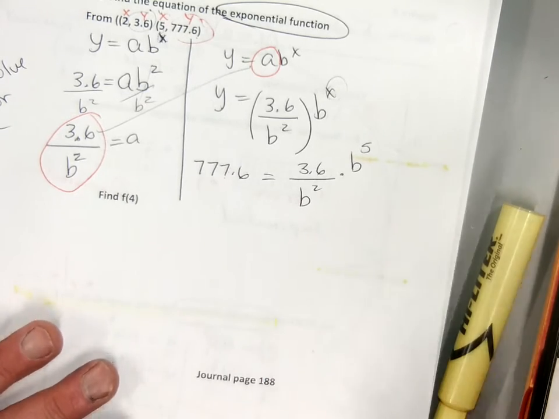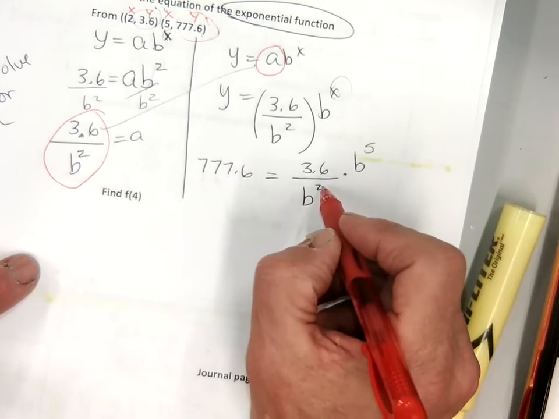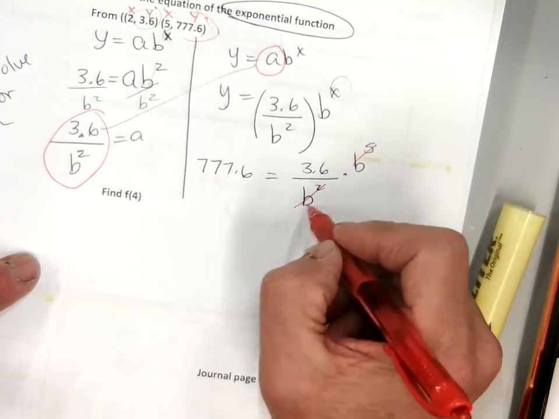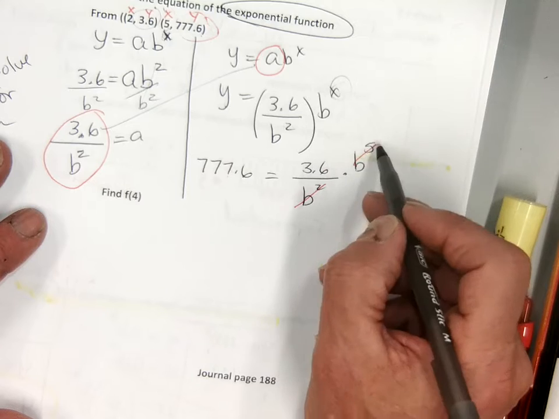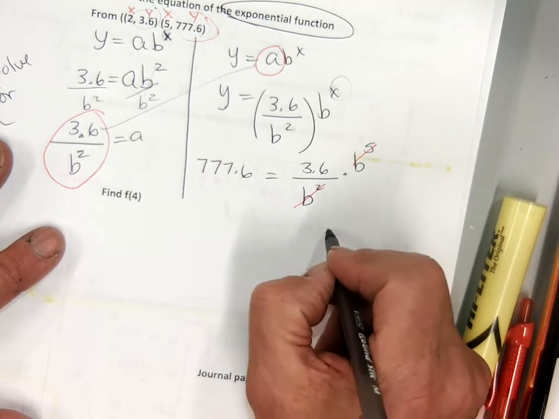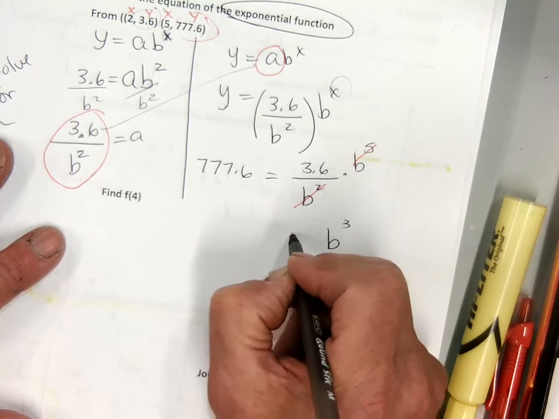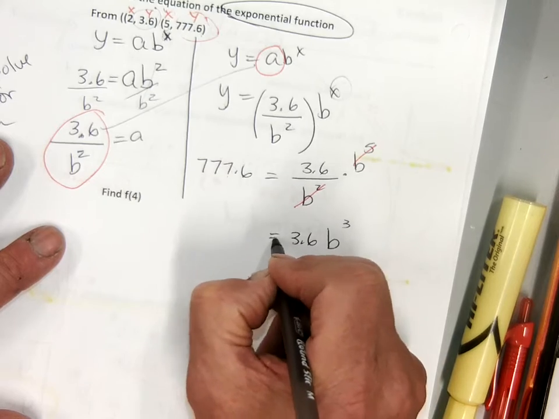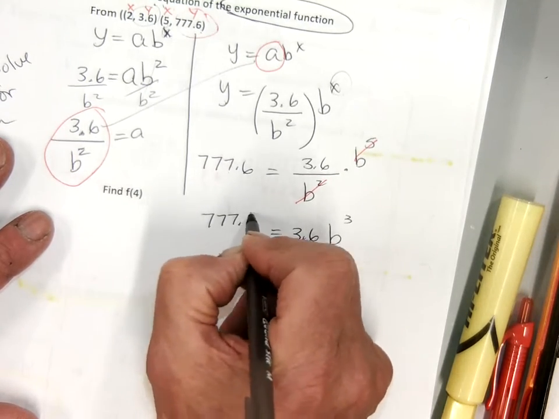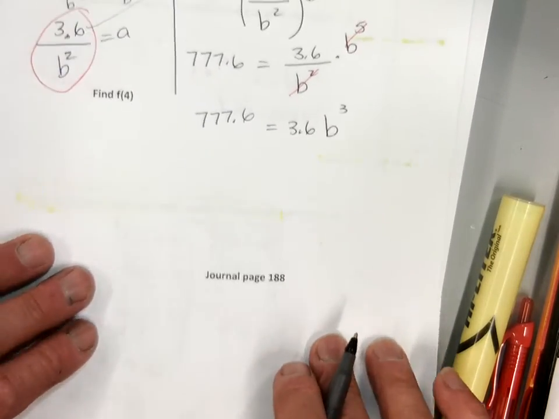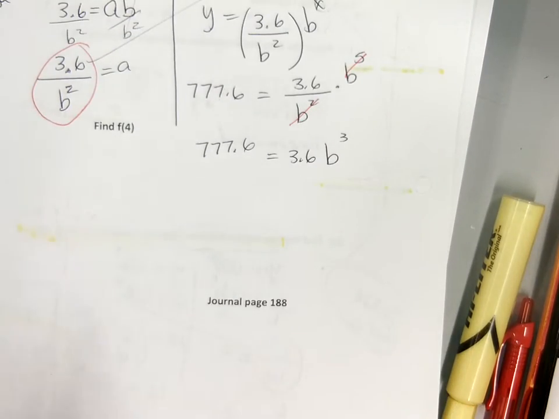Now it's kind of a mess, but I can figure that out. b squared over b to the 5th. Two of these will cancel two of these, and I'll put b to the third. See that? b squared, b to the 5th. I'll have 3.6 b cubed equals 777.6. Decimals don't scare me because I have a calculator. So I'm going to solve for b.